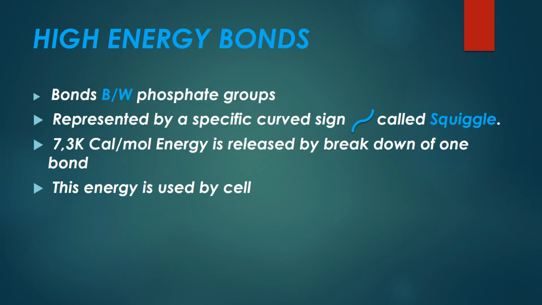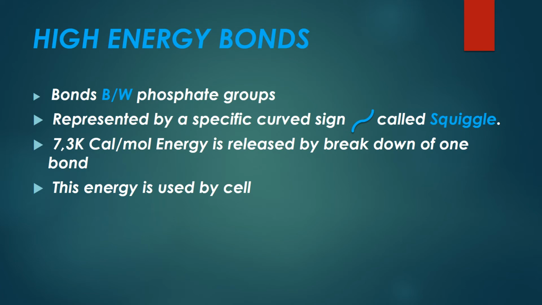And these bonds we represent by a specific curved sign like this. Okay, this sign is called a squiggle. This squiggle type of bond has too much energy. So these squiggle type of bonds are among the phosphate groups.